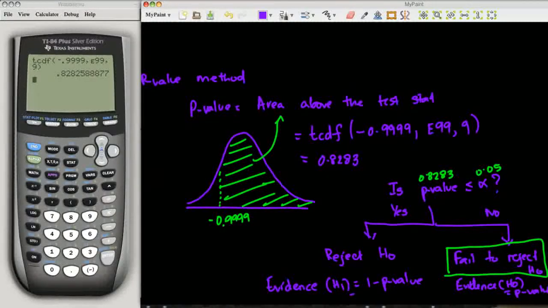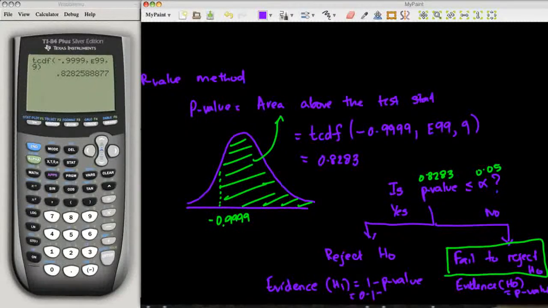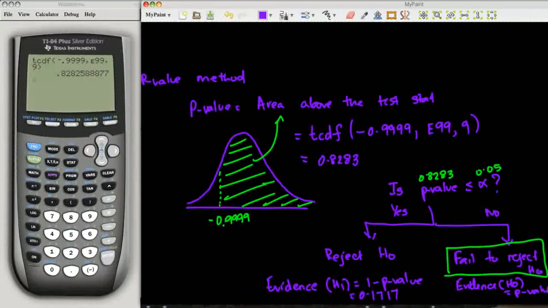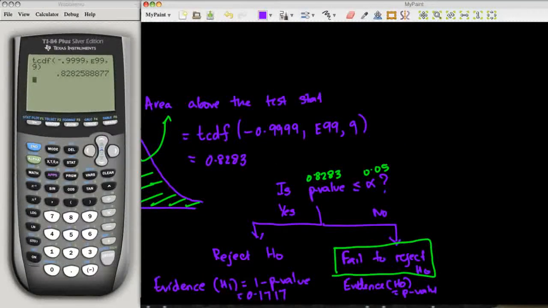So 1 minus 0.8283 is 0.1717. And the p-value is 0.8283, therefore the evidence toward the null is 0.8283.